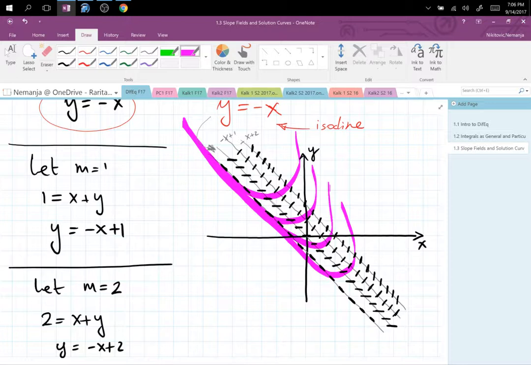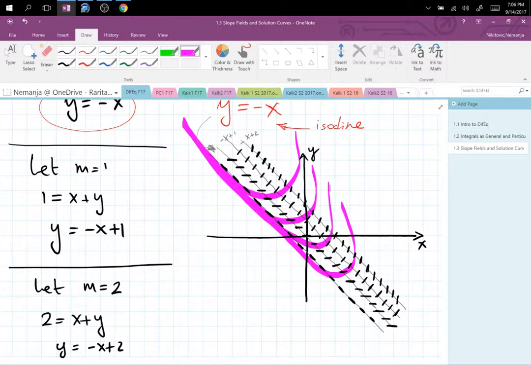Now, once you draw the slope field and once you fit the function through the slope field, you can run regression, you can run whatever else to figure out what that function is. Remember, not every differential equation is solvable by separation of variables or whatever we're going to learn later. A bunch of them are solved numerically, some of them are solved this way.